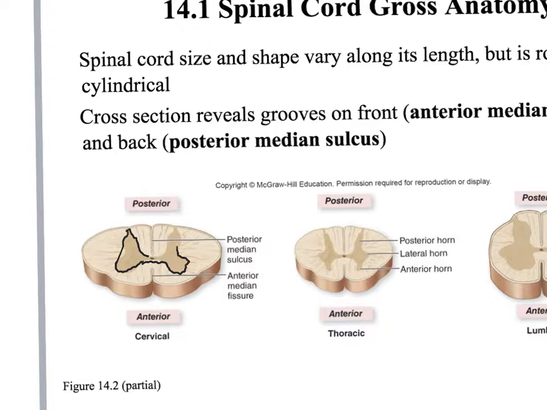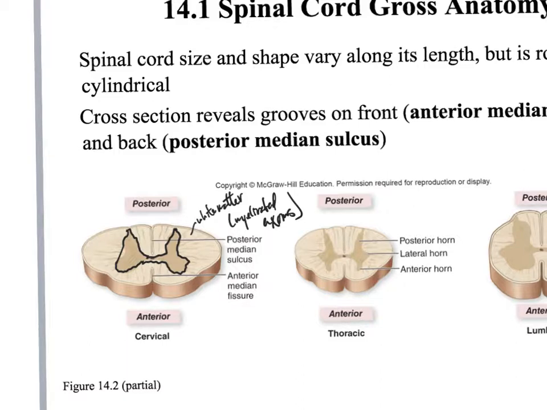That's gray matter, and on the outside of that is white matter. So out here is the white matter, and those are myelinated axons.